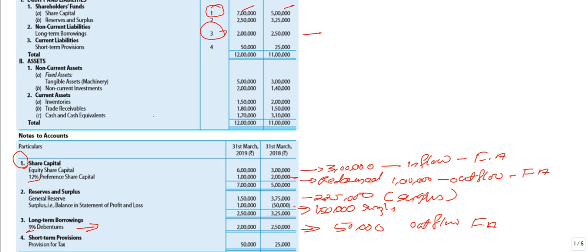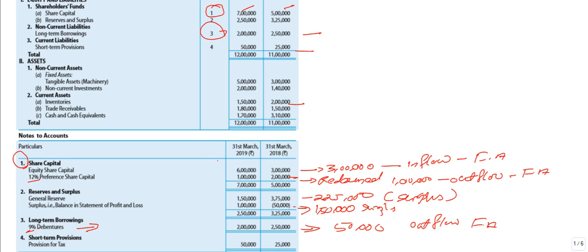Next one is the short term provision, 25,000 and 50,000. If there is no information in the additional information, we can take this 25,000 as tax paid and this 50,000 as the provision. Provision is added back along with the surplus to calculate profit before extraordinary item, and tax paid goes in the cash from operation for calculating the cash from operation.